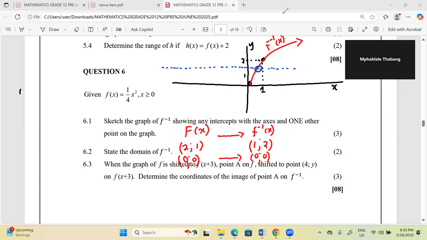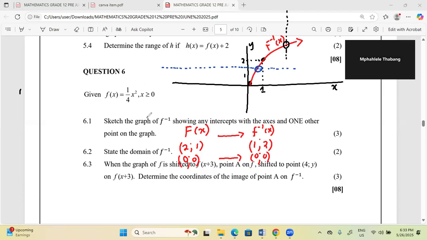Whenever the vertical line touches your curve at one point, we say the curve is a function. We use a vertical line to test whether the curve is a function or not. So if the curve touches the vertical line once, that curve is a function. If a horizontal line touches the curve once, that curve is a one-to-one function.